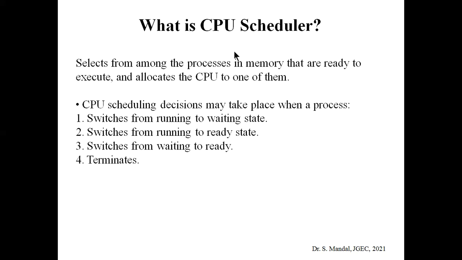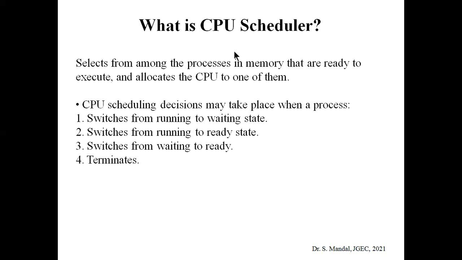Most importantly, we should consider here a single processor system. That means we have only one CPU. So how can we assign that CPU to all processes for the execution? That is the CPU scheduling, and that is performed by the CPU scheduler.